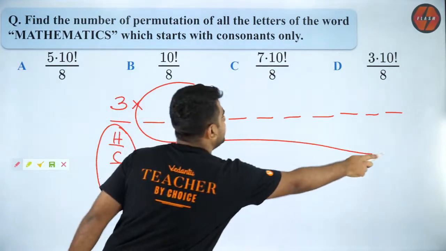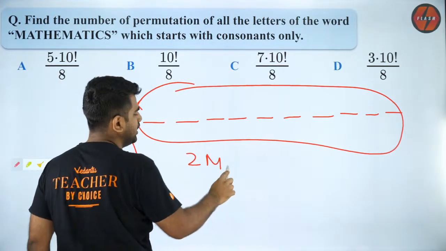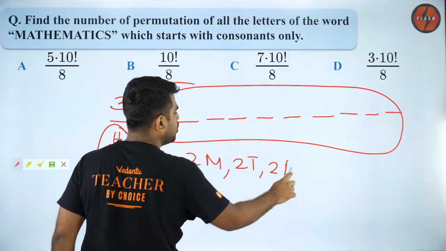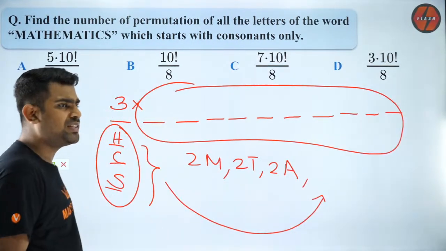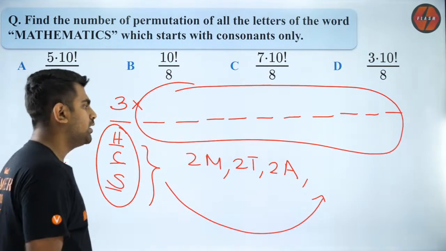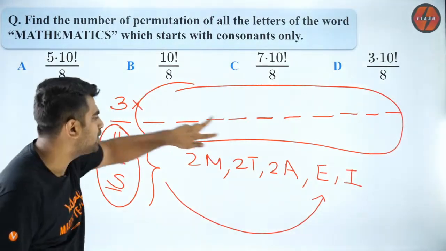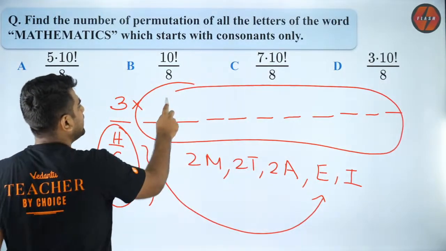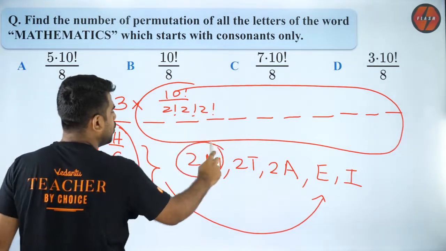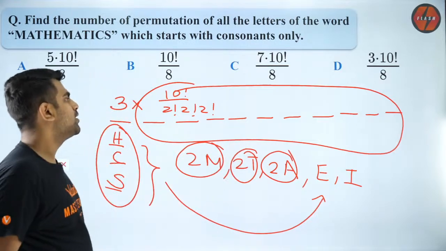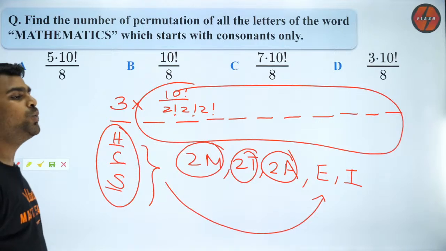And here I'll have 2 M's, 2 T's, 2 A's and the remaining letters, E, I and the remaining 2 letters from here. So this will be 10 factorial by 2 factorial 2 factorial 2 factorial, because 2, 2, 2. So combined you will get the answer.